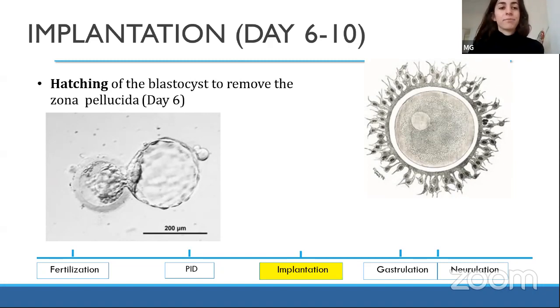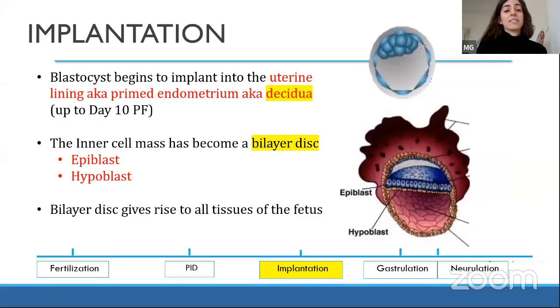This is called hatching. And the blastocyst will implant in the uterine lining, aka endometrium, but more specifically primed endometrium, and we also call it the decidua. So there's a difference between endometrium and primed endometrium. We can cover that in another lecture on reproduction, but the endometrium needs to be ready to welcome the blastocyst by secreting certain factors and having the right blood flow and glands that are working.